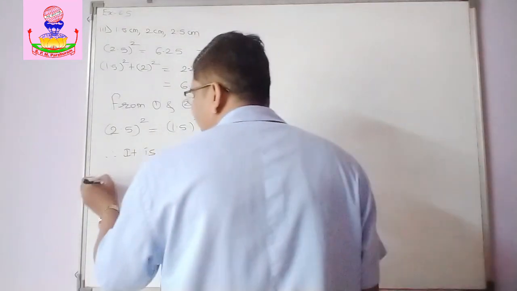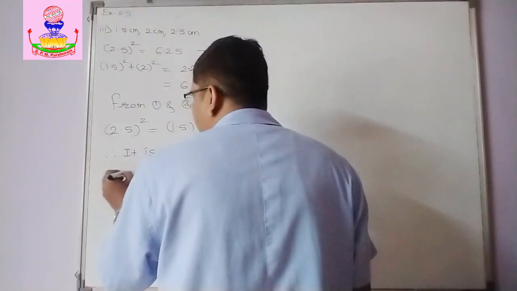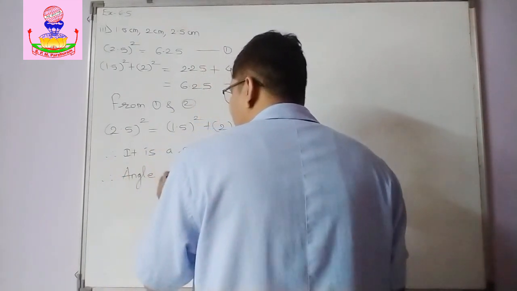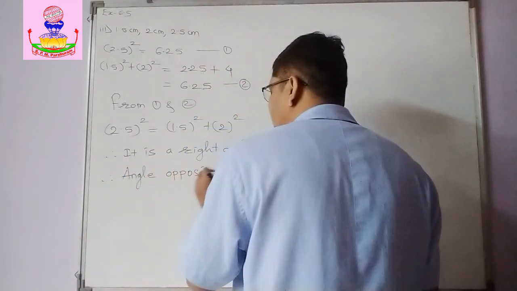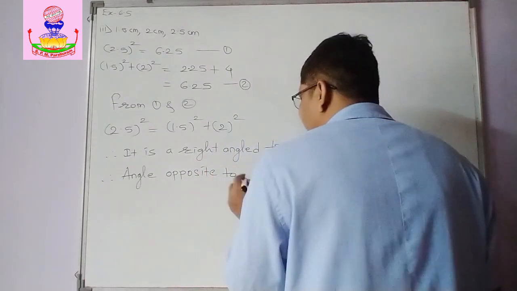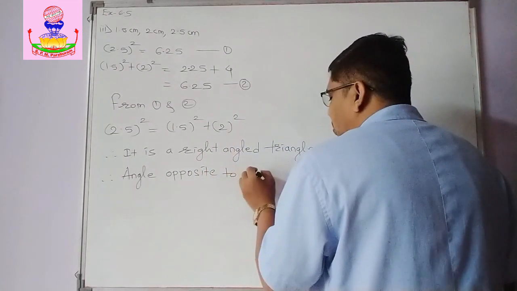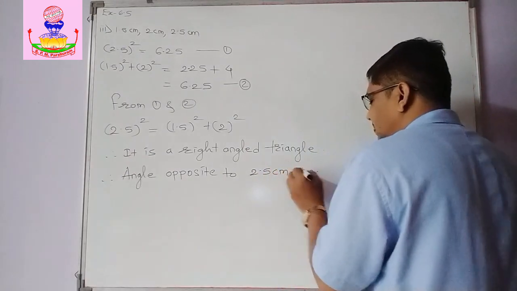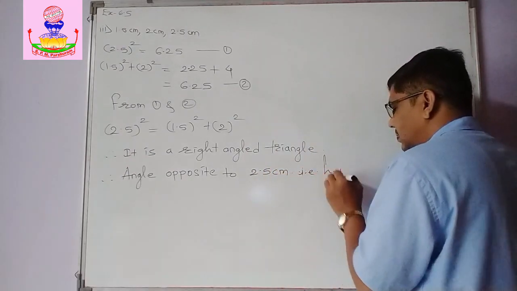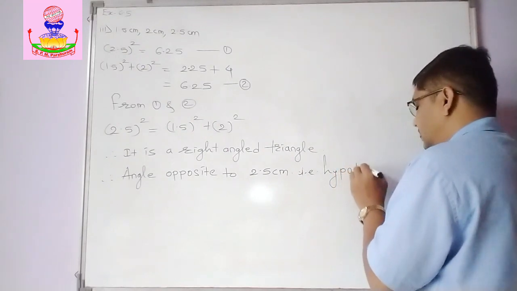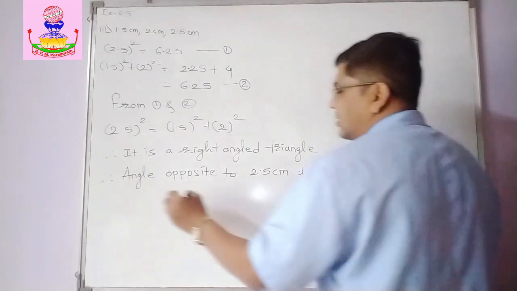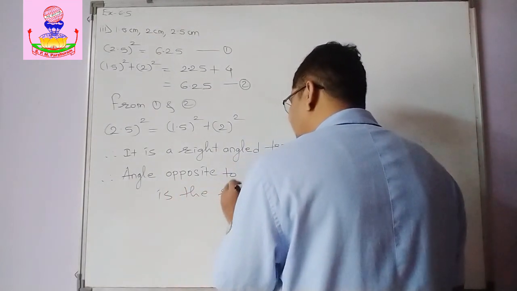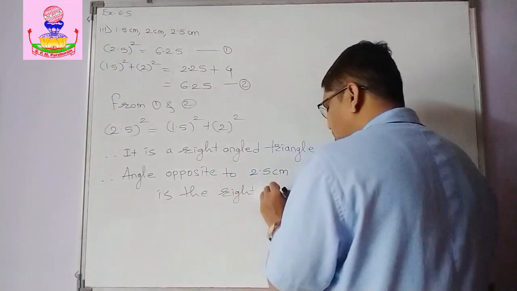So the angle opposite to 2.5 centimeter, that is the hypotenuse, is the right angle.